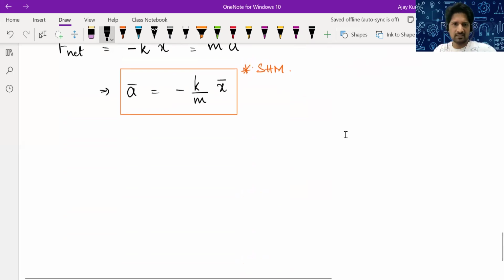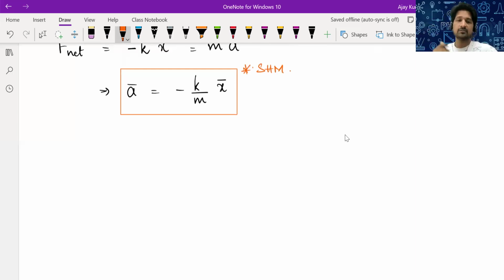Okay. Now, we'll be doing a little bit of mathematics here. We know how acceleration is related to displacement. So based on where the object is, you can tell how much acceleration it has. But that's not the only thing we are interested in. We should prove that this is periodic. Okay, we should find out what is its time period, what is the period after which it repeats the motion. We should be able to tell where it will be after some time, with what speed it will be moving after some time.